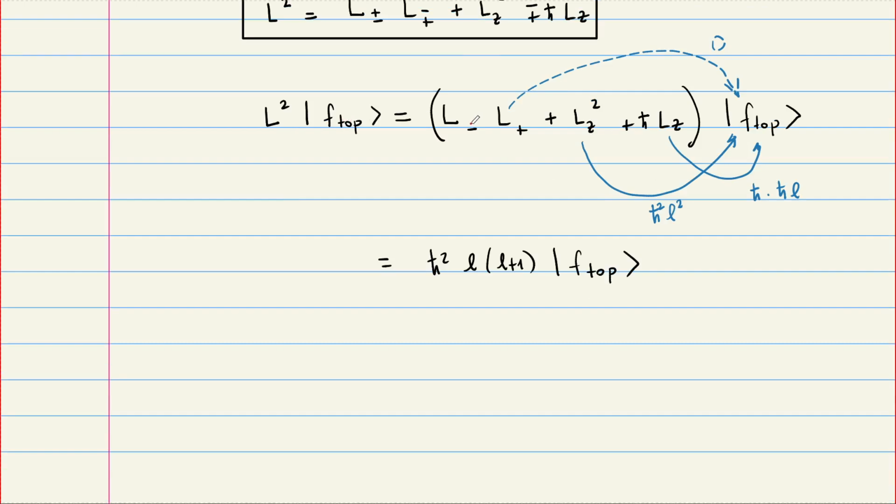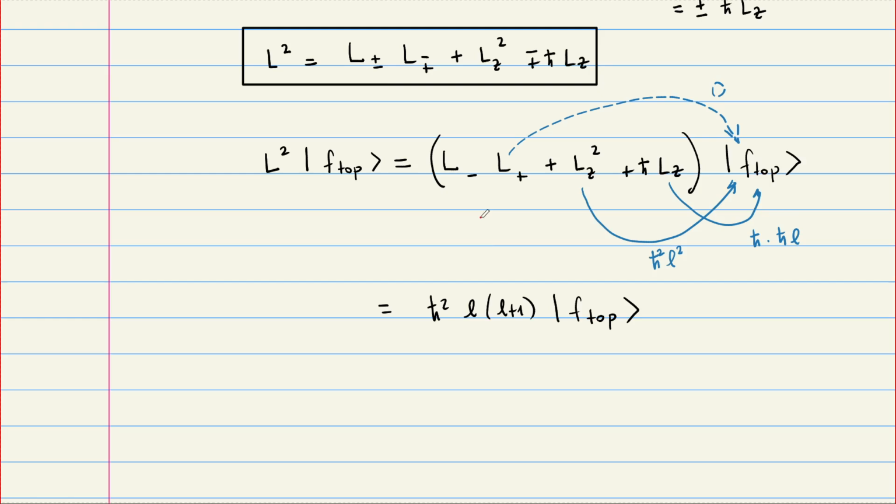I chose the lower signs, minus plus plus, acting on F top. And I said, this is L plus on the top rung, and when you hit F top, it should not be able to be raised anymore, it should give 0.